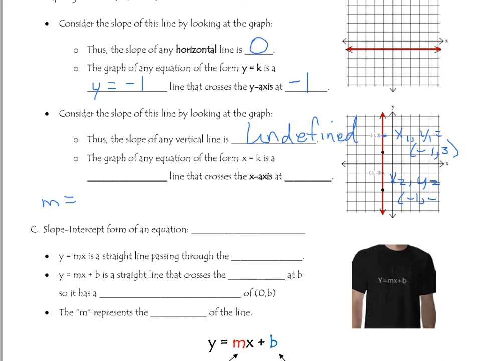So we're going to use this point up here, (-1, 3), and (-1, -1).